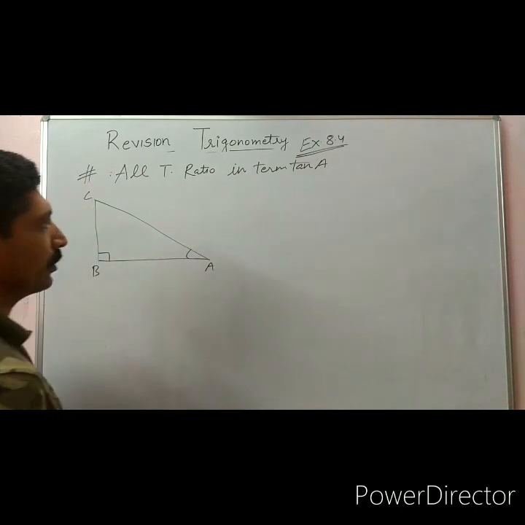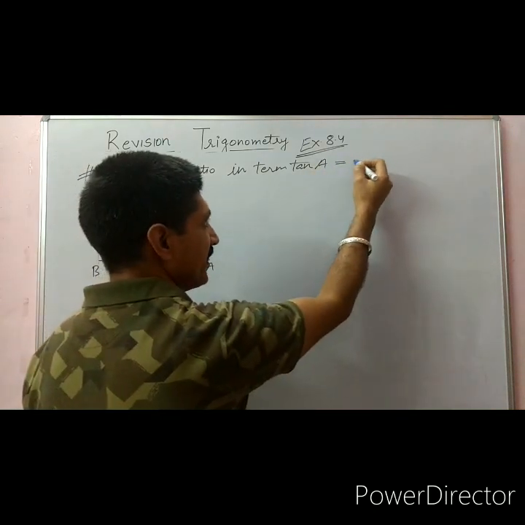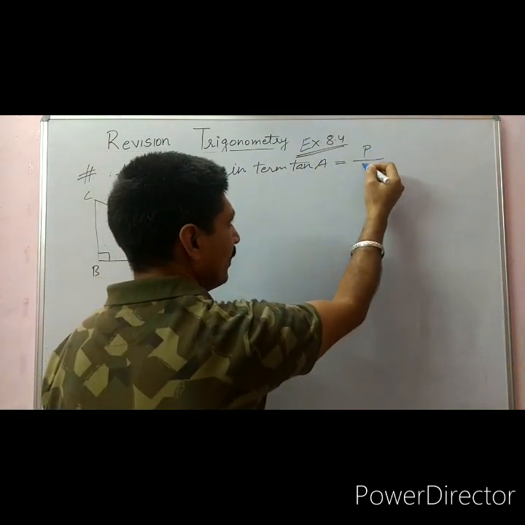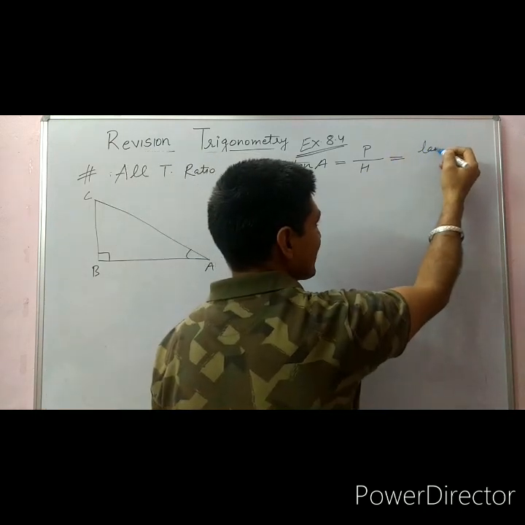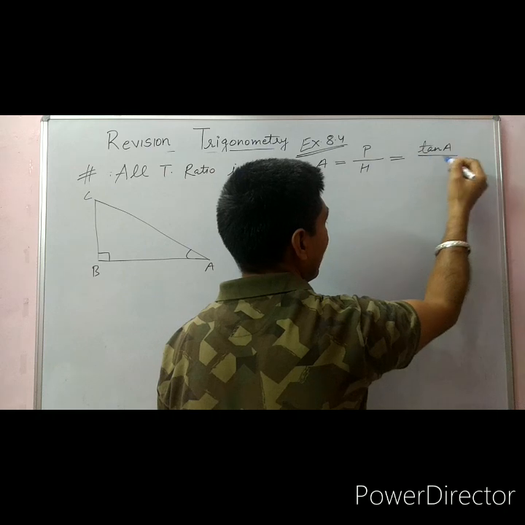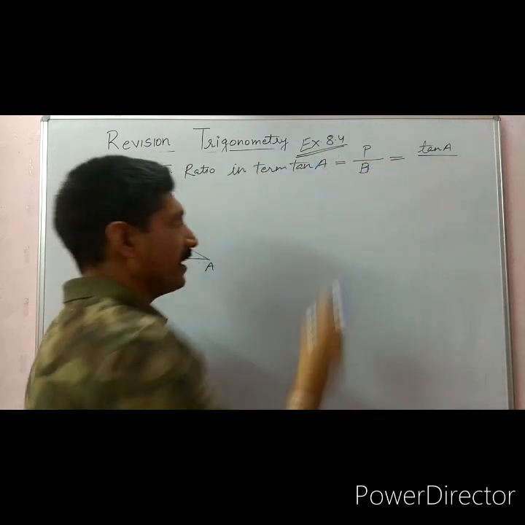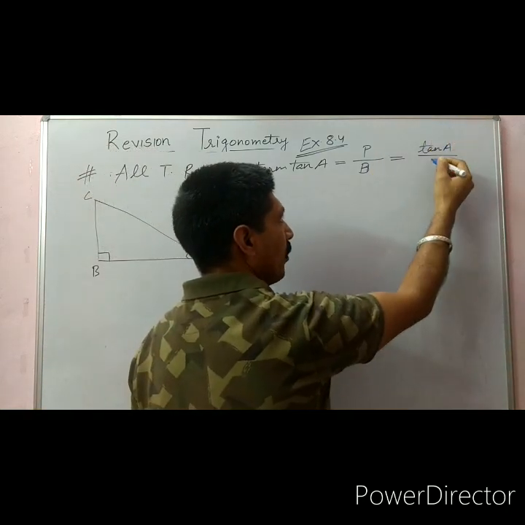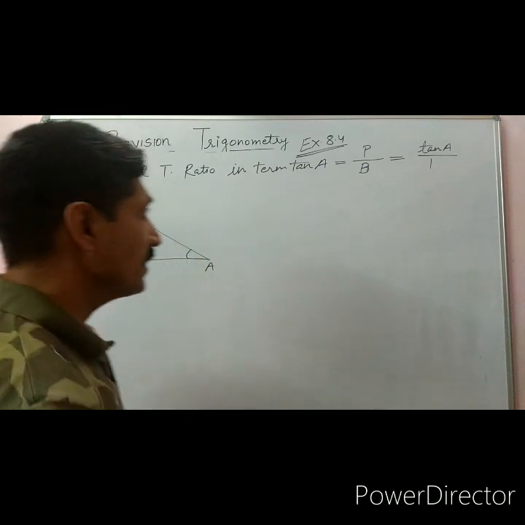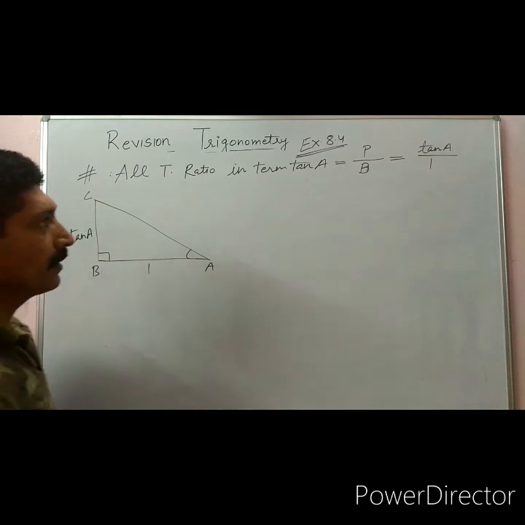AC is the hypotenuse here. So we know tangent is perpendicular upon base. So I can write the perpendicular as tangent of A, and the base as 1. So here tangent of A upon 1.